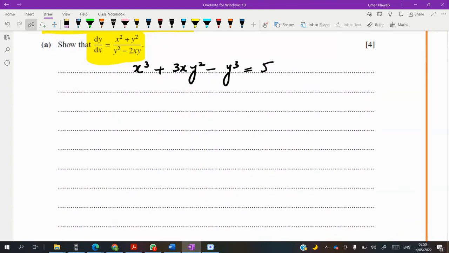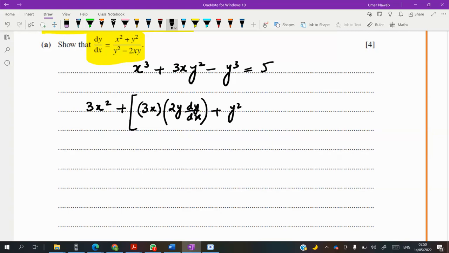The derivative of x cubed is 3x squared. For 3xy squared, we apply the product rule: leave 3x as it is, the derivative of y squared is 2y dy by dx, plus leave the y squared, the derivative of 3x is 3.